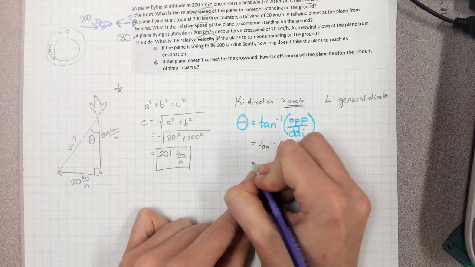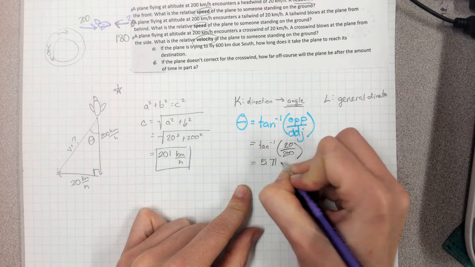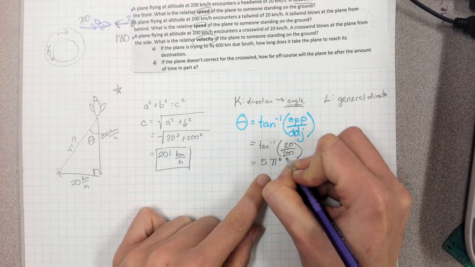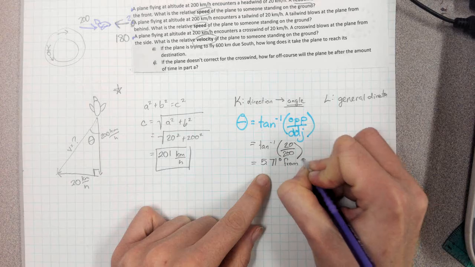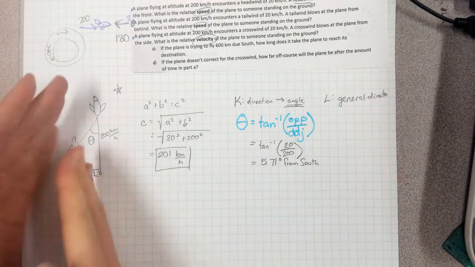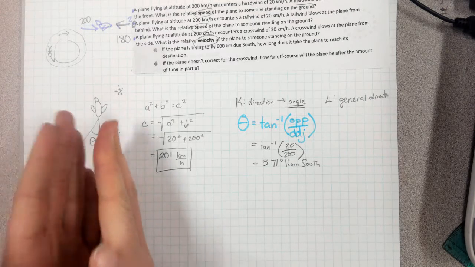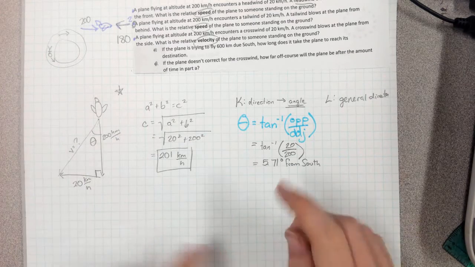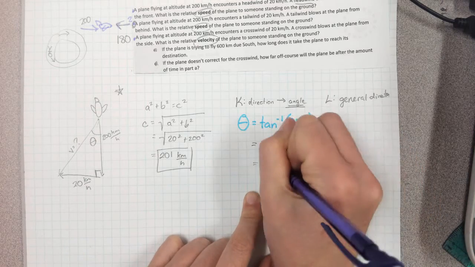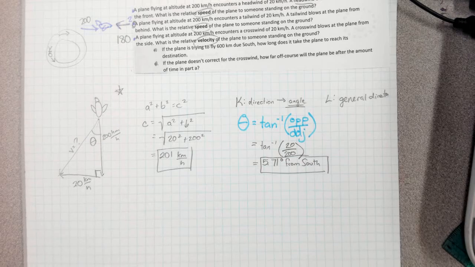So our angle is 5.71 degrees from south. Again, this one specifically didn't say whether the wind was blowing towards the west or towards the east. So 5.71 degrees from south is about all that we can get for this one.